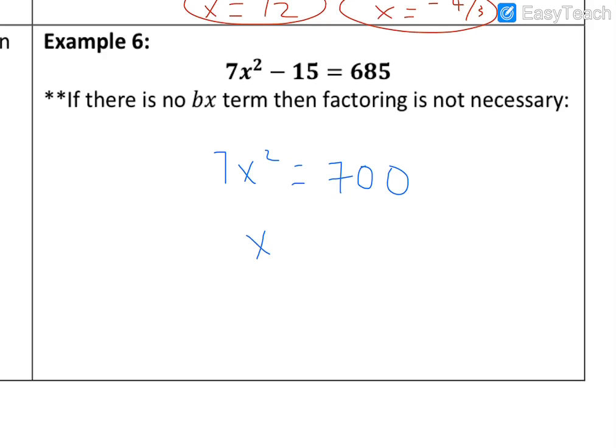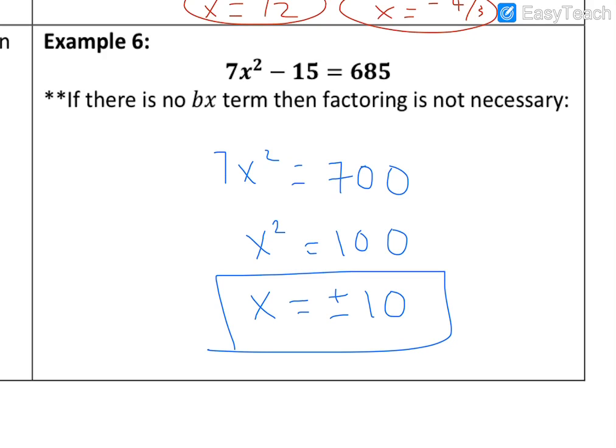Divide both sides by 7. X squared equals 100. And from there, you get x equals positive or negative 10. When you square root both sides, you have to remember that if you are solving an equation, you're going to get 2 solutions there.